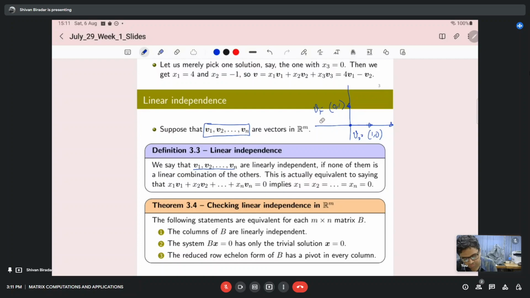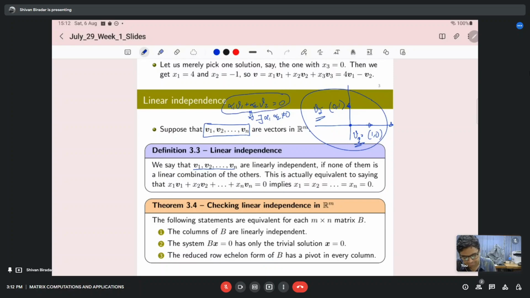Let us take this example: alpha 1 v1 plus alpha 2 v2 equals 0. If v1 and v2 are linearly dependent, then there exist alpha 1 and alpha 2, not equal to 0, which satisfy this relation.